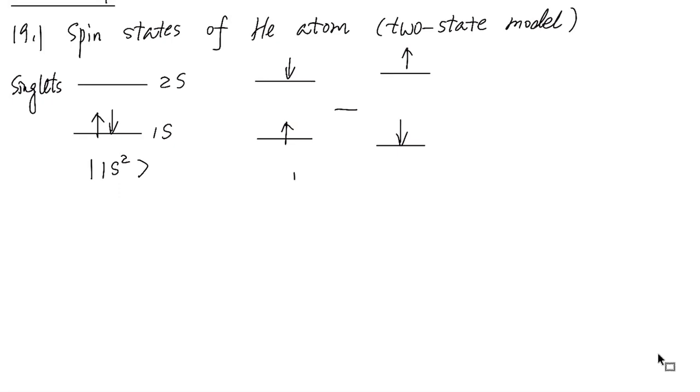So this is the configuration 1s1, 2s1. And this is the singlet. So let me put 1 here. You can also have another state. This is the 2s2 state. So these three configurations give you singlets.